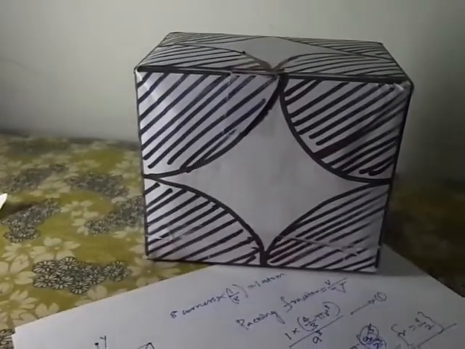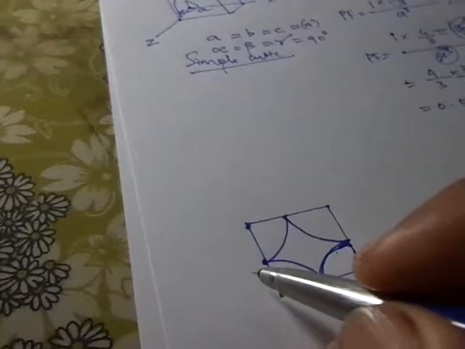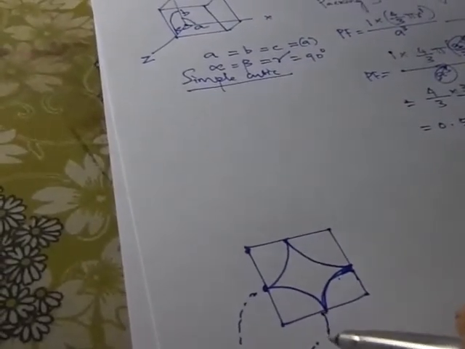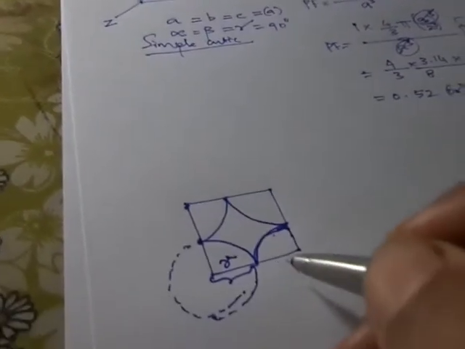So whatever I see here, I have marked it here. Say this is one side view, and the extension is outside. So this is atomic radius R from here to here.